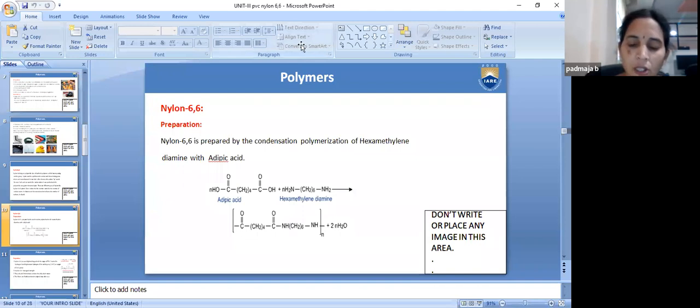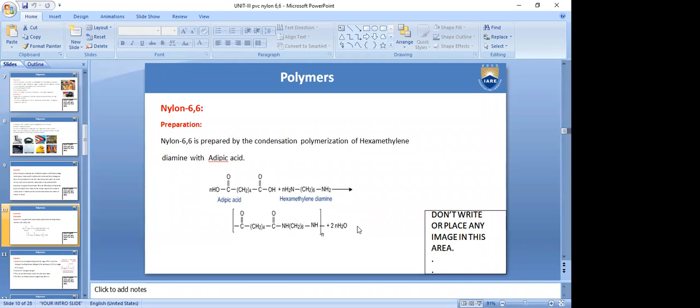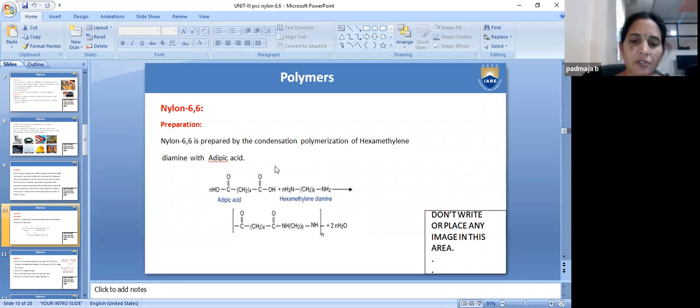What is condensation polymerization? The monomers have functional groups, like COOH and NH2. How are you getting the polymer?